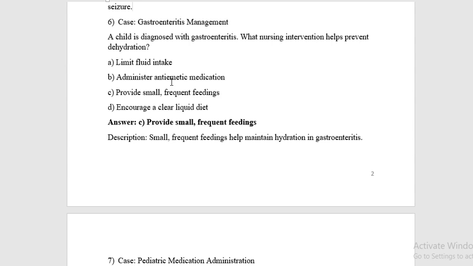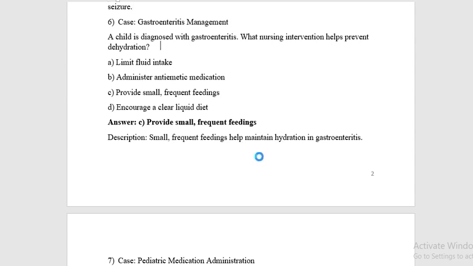B, administer anti-emetic medication. Choice C, provide small frequent feedings. Choice D, encourage a clear liquid diet. The answer is choice C. Provide small frequent feedings to prevent dehydration.